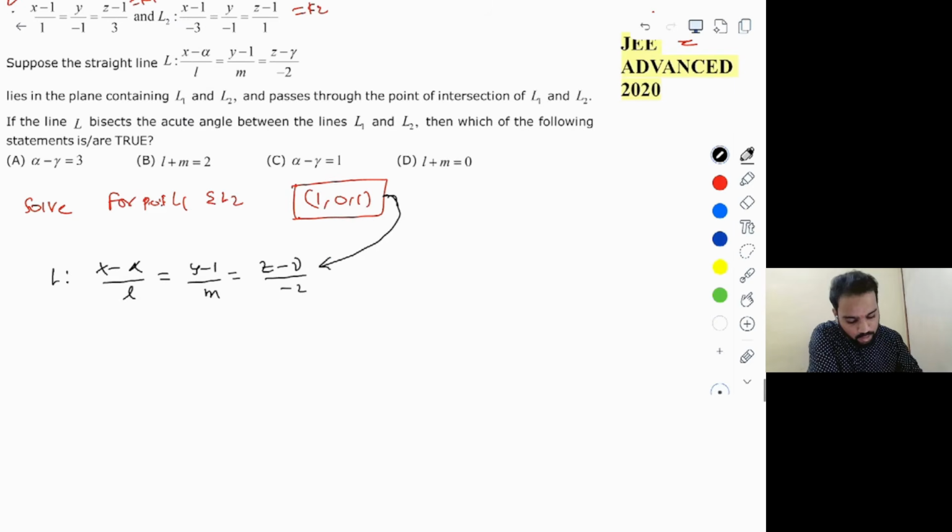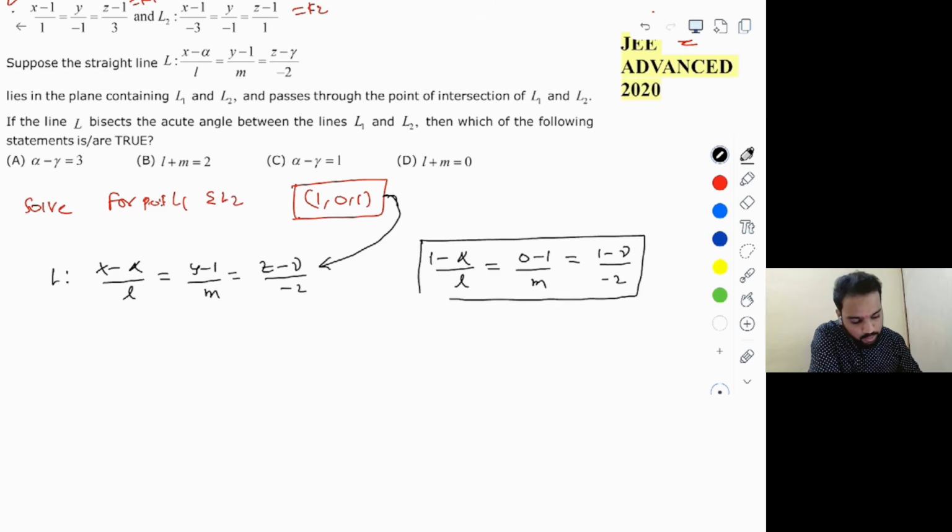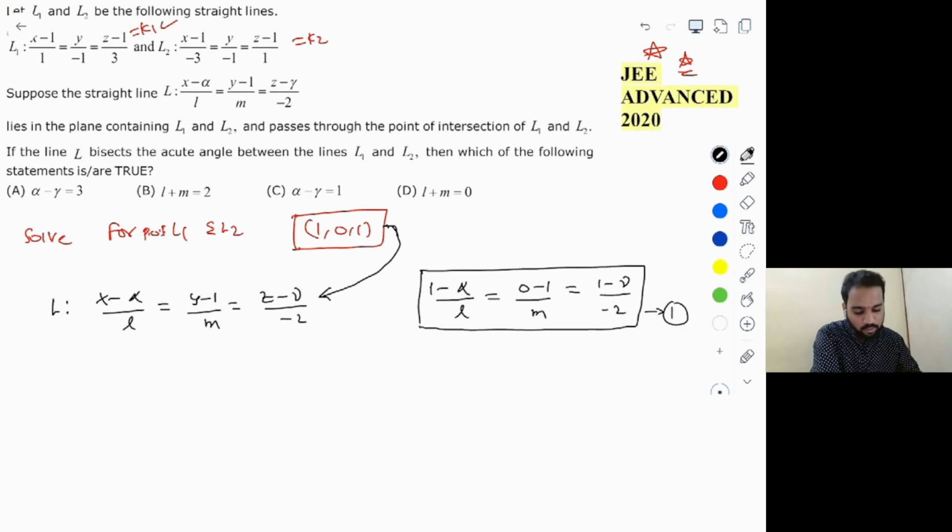Let's substitute and we'll get one condition from there. So we get 1 minus alpha divided by L is equal to 0 minus 1 divided by M is equal to 1 minus gamma divided by minus 2. Let's keep it as condition number 1 and see the next part of the question.